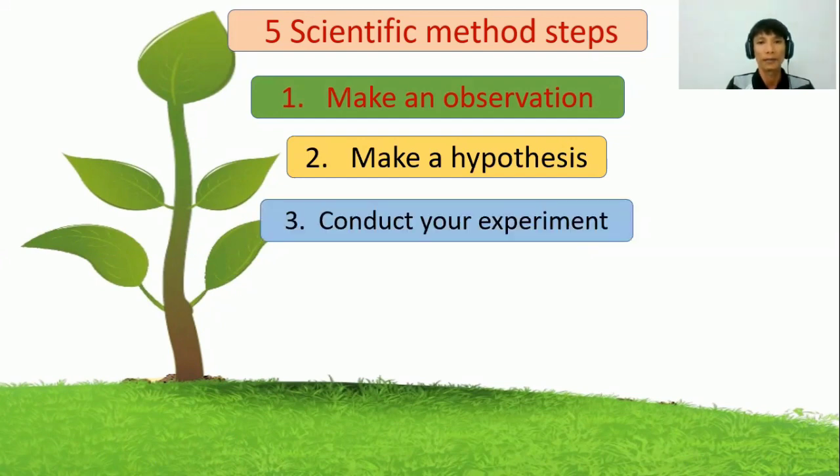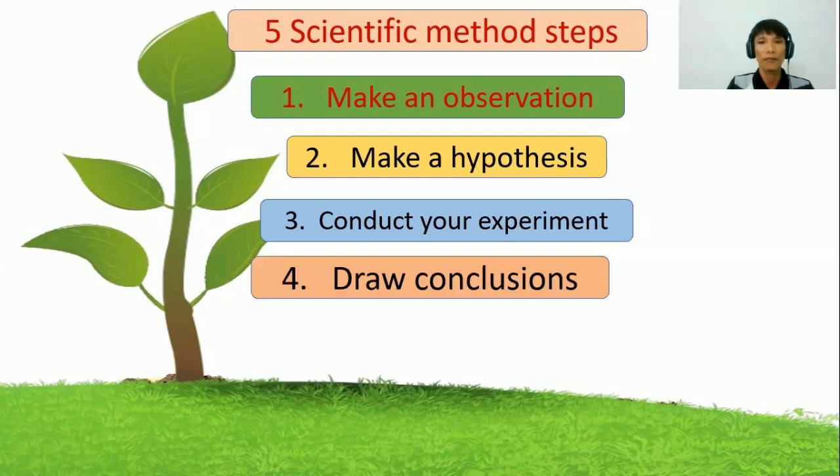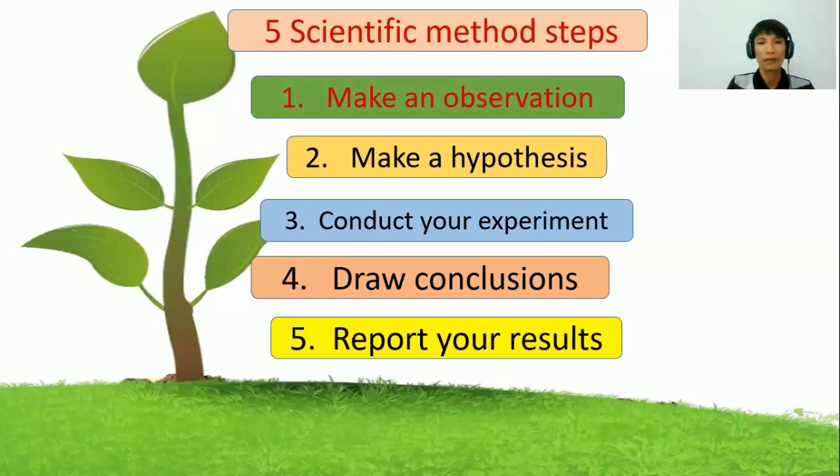Number 3, conduct your experiment. Number 4, draw conclusions. And number 5, report your results. So those are the 5 scientific method steps.